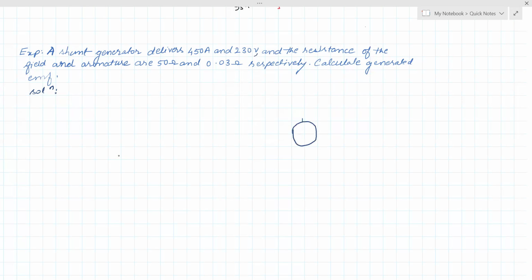So say this is the DC shunt generator armature winding, and the field winding is parallel with the armature winding. So this is the DC shunt generator. It is connected with the load. So this is the load circuit.